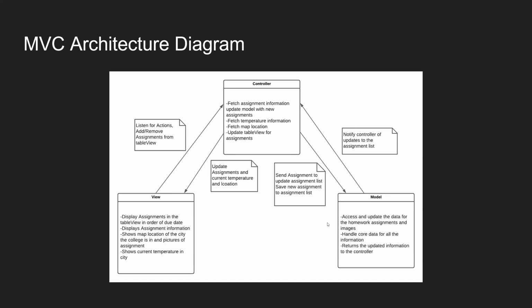The model has access to and updates the data for the homework assignments and images. It handles core data for all the information because I used core data in the project. And it also returns the updated information to the controller. When the model communicates back to the controller, it notifies the controller of the updates to the assignment list itself.